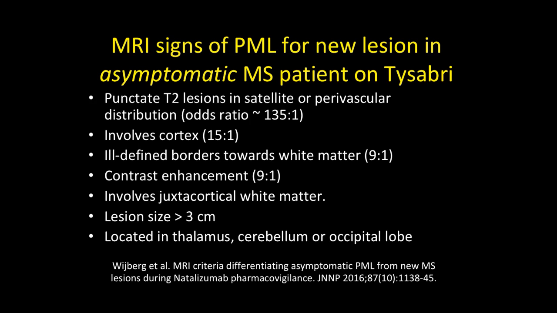That is the Milky Way sign, and that is pretty specific. If you see involvement of the cortex or ill-defined borders, contrast enhancement at the margins of the lesion, and a large lesion size, you should be concerned that this patient on MS monoclonal therapy is developing PML, and you should call your referring clinician immediately.